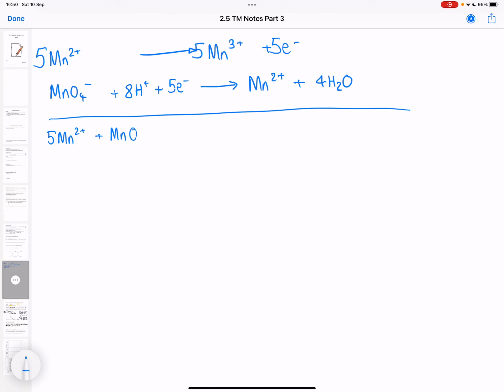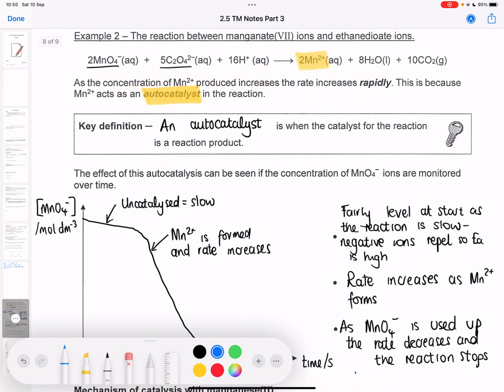So I'm writing down everything. I'm going to lose the electrons because we balanced those out, but I'm also noticing that I've ended up with Mn2+ on both sides, so I'm going to cancel that down as well. I'll cancel this one with one of these, so I'm going to end up with 4, and this is what's going on at this stage. Once I form some Mn2+, it's able to react with my manganate to produce some Mn3+.